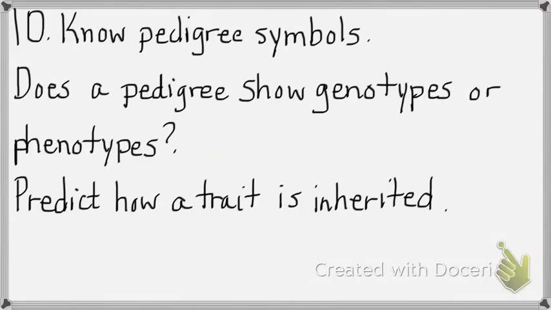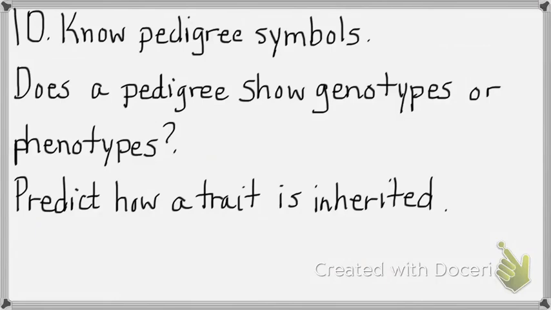Okay, pedigrees. So in our lab manual, would you turn with me to page 131? That's pedigrees, page 131. So a female. What is the symbol for a female on a pedigree? Circle. And males are squares.